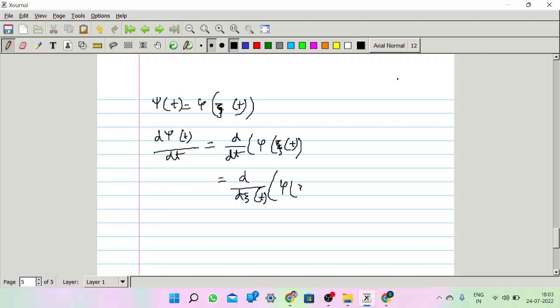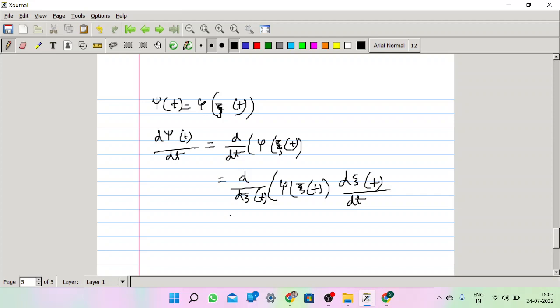I am using the chain rule from calculus of one variable. So I get the solution as phi dash of xi t into xi dash t.